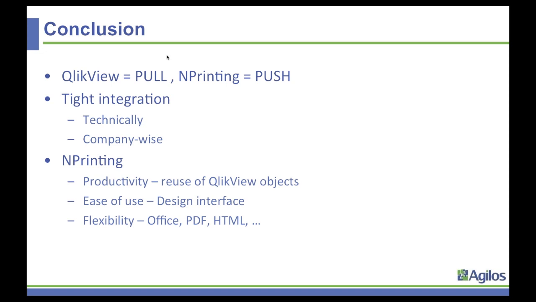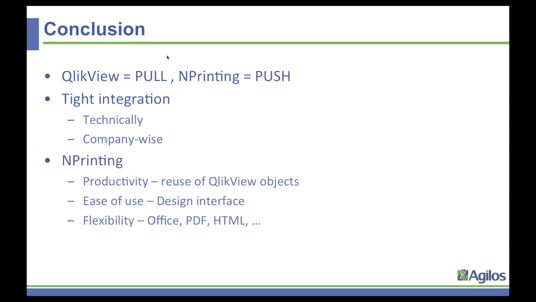A second point is that there is a very, very tight integration. We have looked at the technology in depth. Technically, they are like one product. When you're using NPrinting, you're using ClickView. It's really tightly integrated, not only technically but also company-wise. NPrinting is an independent company, but we see on a company level there is very tight collaboration.